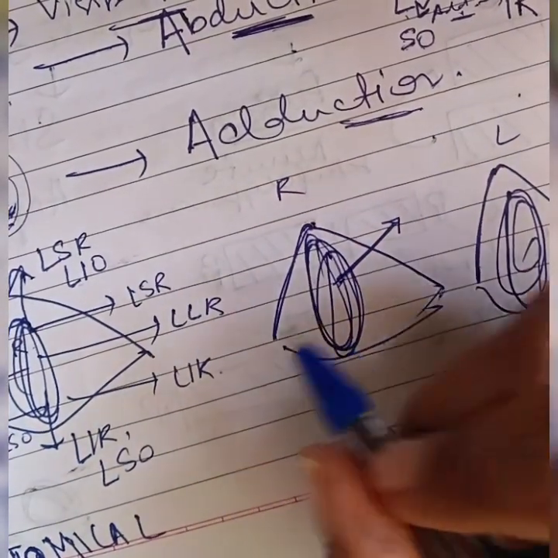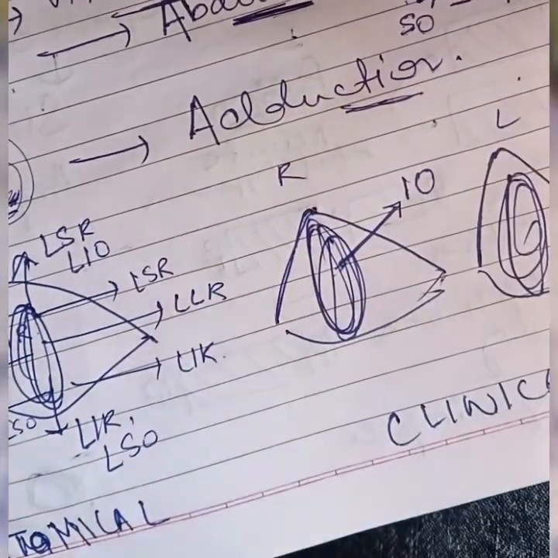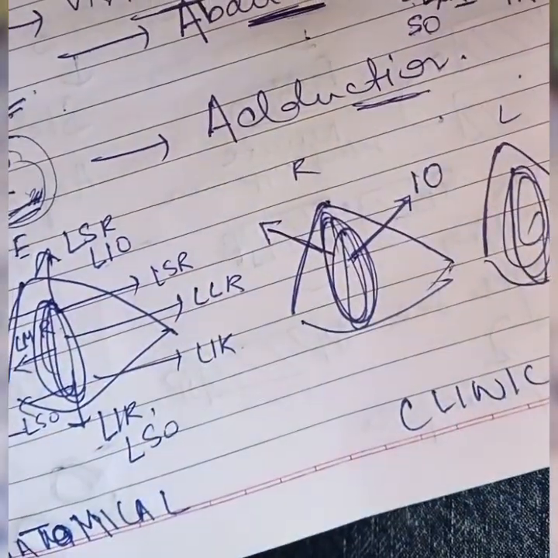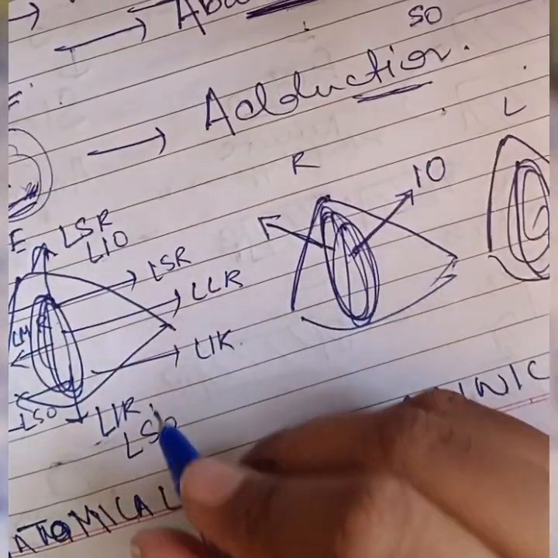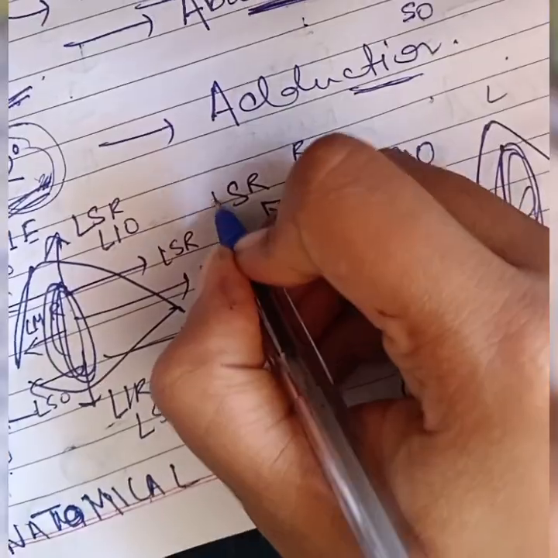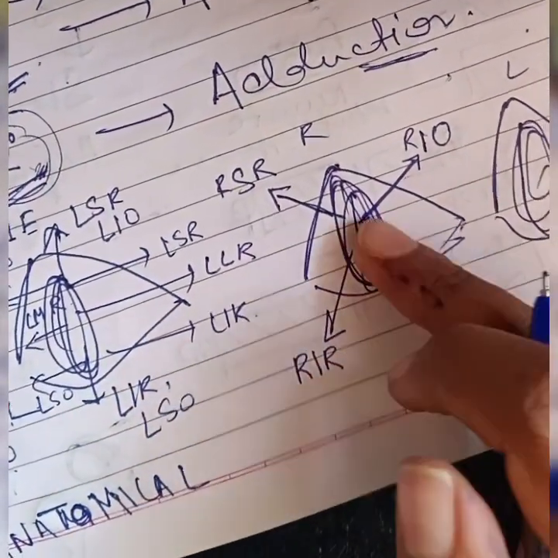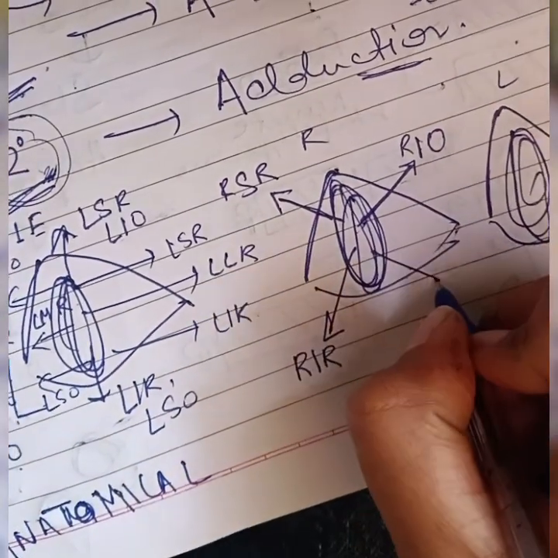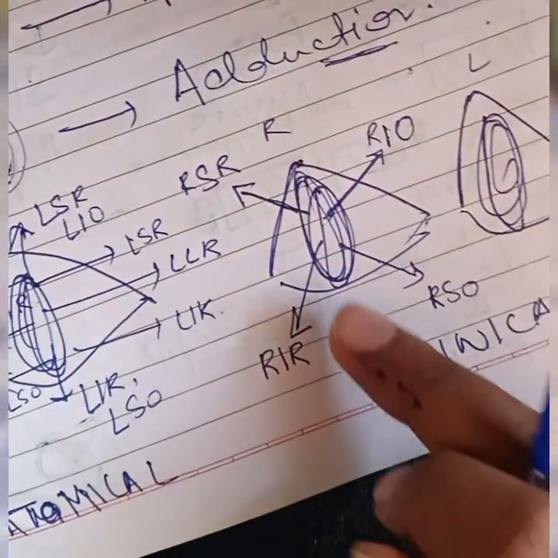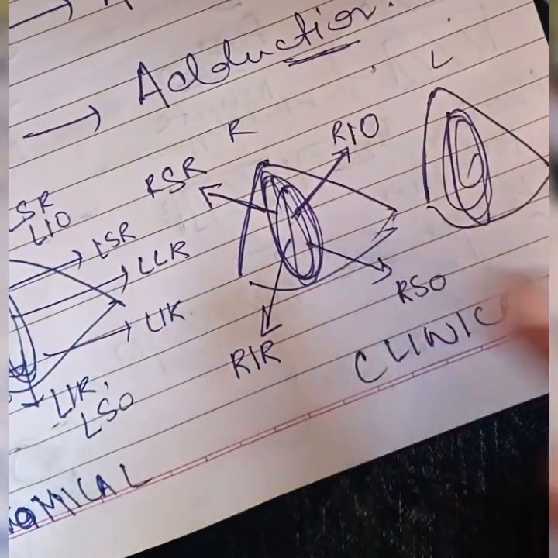Elevation as the secondary action is for your inferior oblique, so this would be inferior oblique. Then on this side, elevation we know is done by superior rectus, and in abduction the primary action prevails, so over here would be superior rectus. Similarly right inferior oblique, right superior rectus. Similarly over here it would be right inferior rectus, that is depression, primary action and abduction, and over here would be your right superior oblique, that is depression as primary action and, sorry, adduction, secondary action adduction.